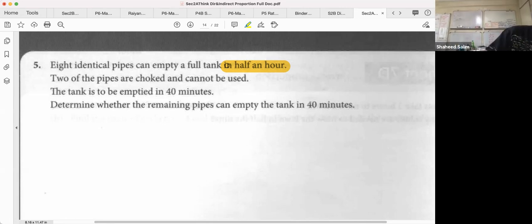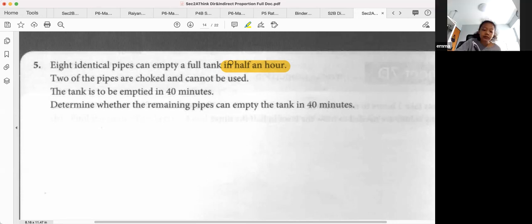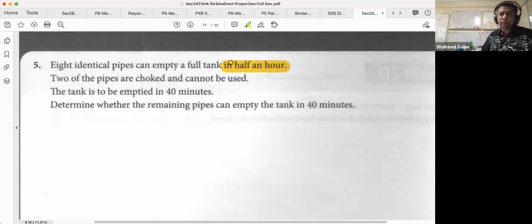Okay, if you need to use the easier method, use the easier method. So do you think that it can be emptied within 40 minutes? Yes or no? That's what they're asking.